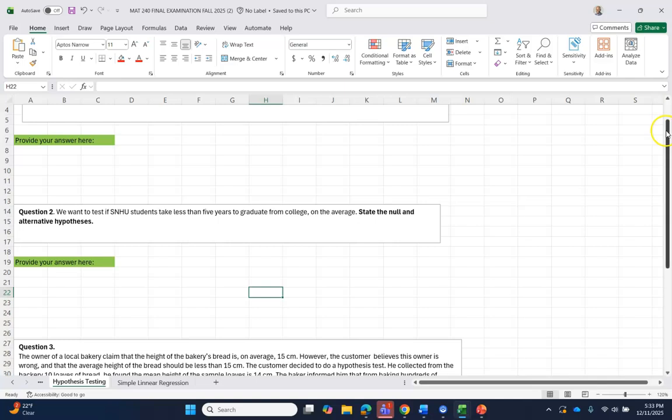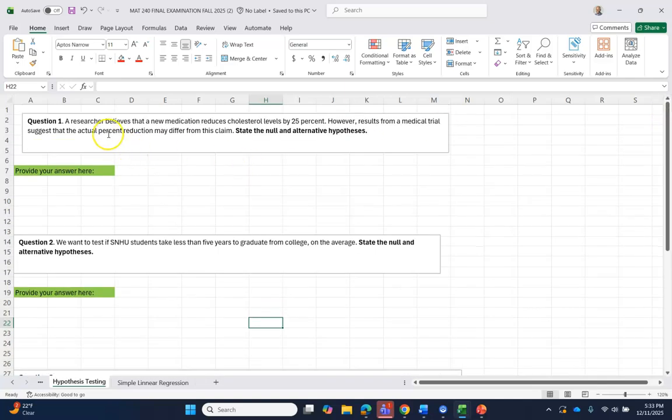The first question states, a researcher believes that a new medication reduces cholesterol levels by 25%. So that is actually the belief, the existing knowledge that we have.